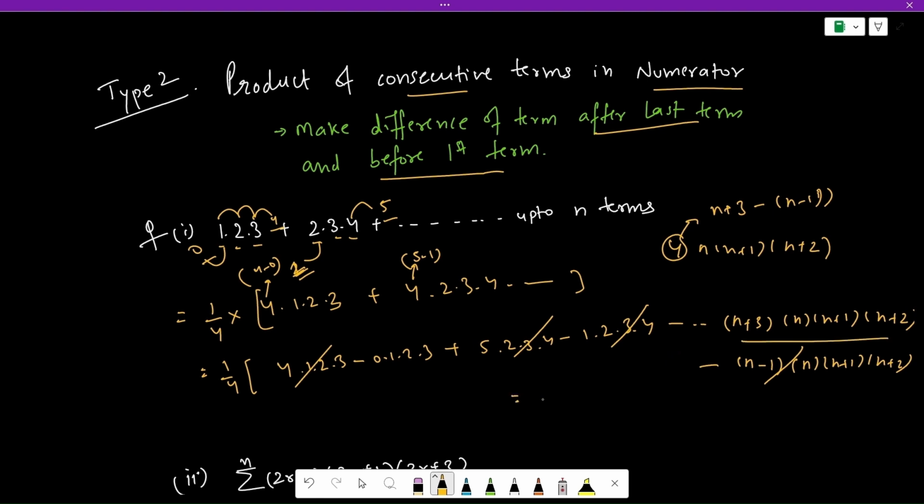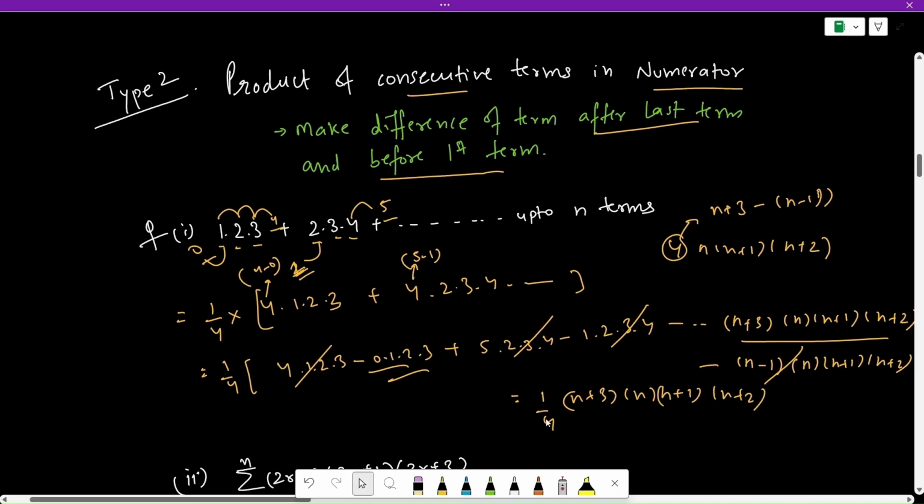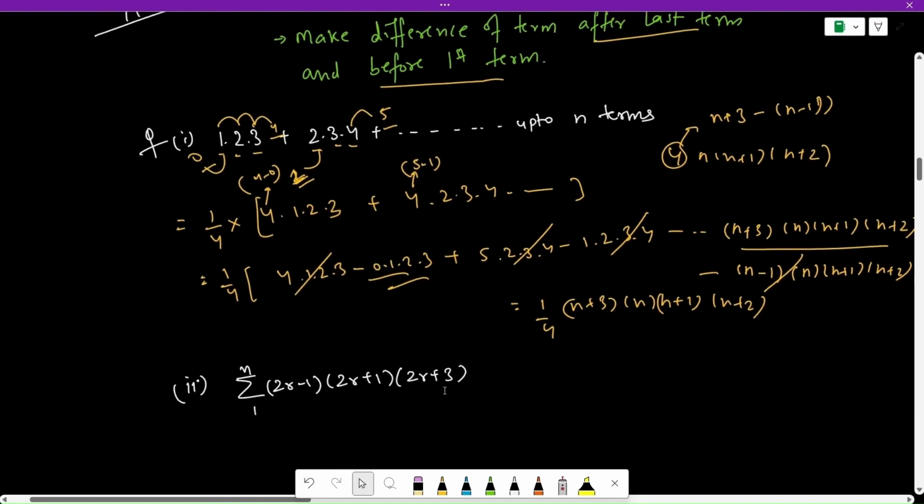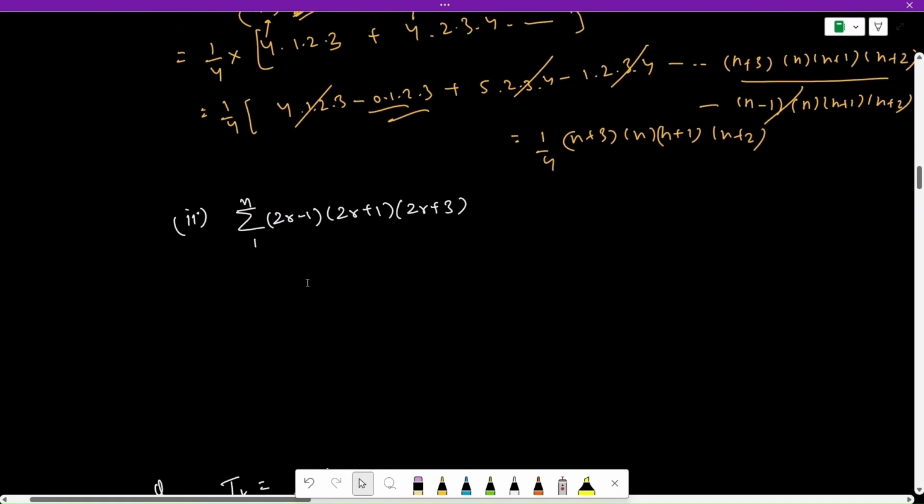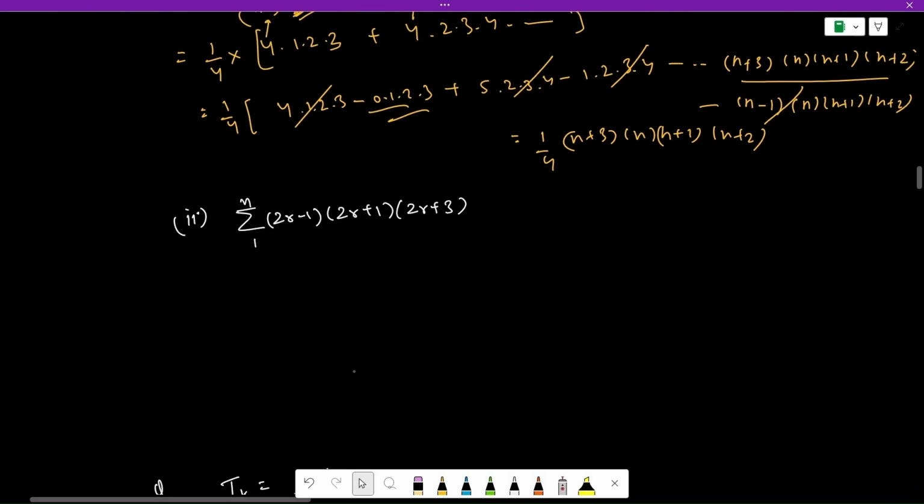So that is equal to 1 by 4, and this is 0 only. So 1 by 4 into n plus 3 into n into n plus 1 into n plus 2. Now this is the second question. Try solving it yourself, then I will solve it.